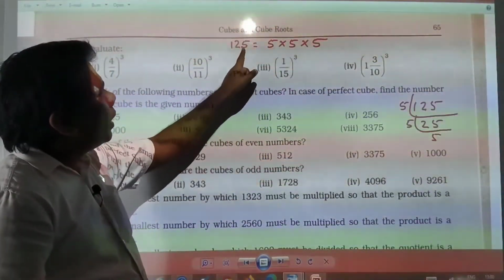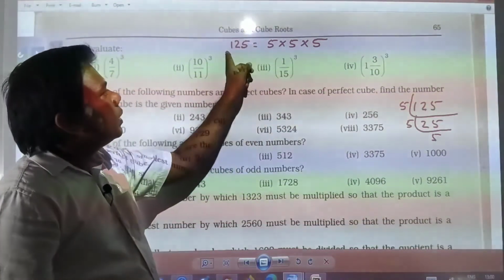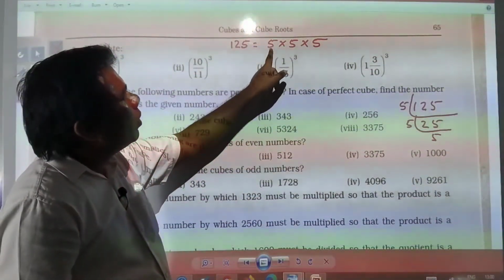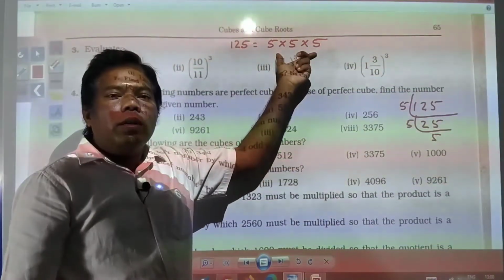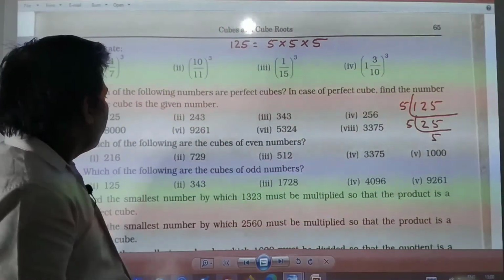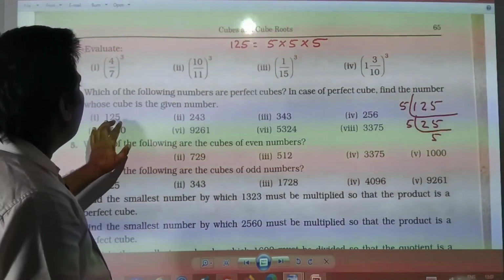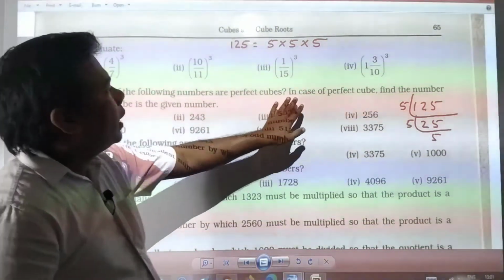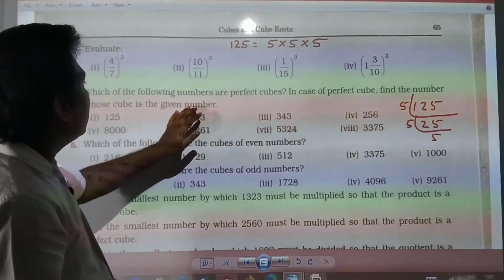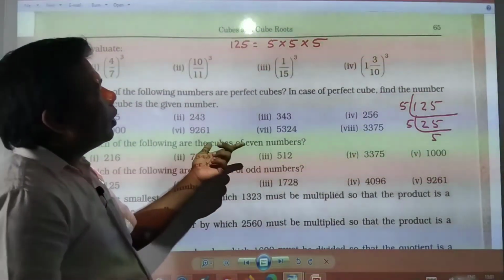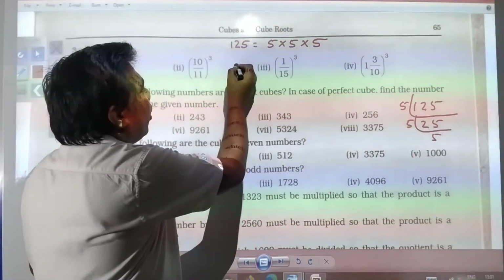So 125 is a perfect cube because it has been expressed in the form of 5 into 5 into 5. Three equal factors are there. In the same way, here we will write, in case of a perfect cube, find the number whose cube is the given number. So 125 is the cube of 5.